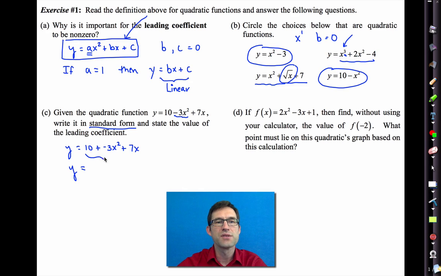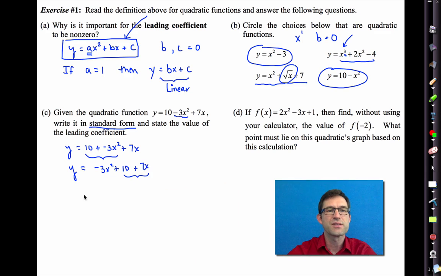That will allow me to use the commutative property on this and then on this, so we keep using that commutative property to flip-flop things. And there's our standard form: x squared, x to the first, and no x at all.